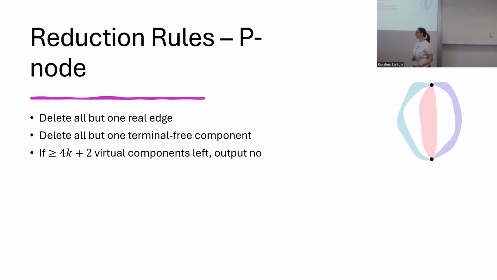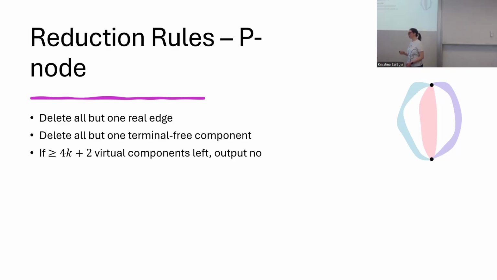Then the P nodes are also relatively simple. If we have some of these components that are just a single real edge, we can delete all but one of them, because since we can permute arbitrarily these children of the P node, we can group together all the real edges and treat them as just one real edge.